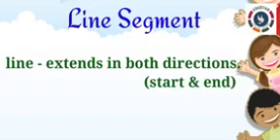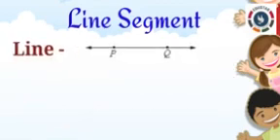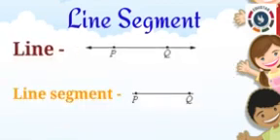But a line segment has definite end points. In short, a part of a line is a line segment. A line segment has a beginning and an end.